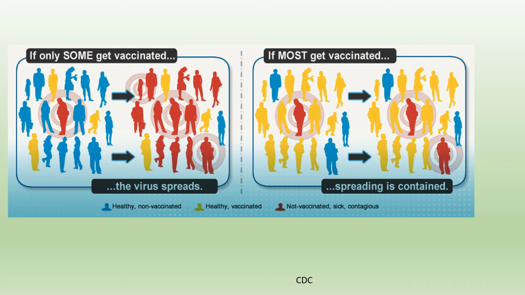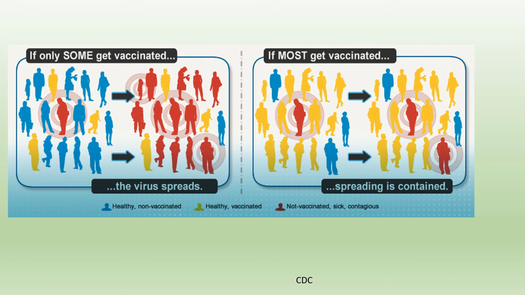They don't tend to build a strong immune response. So there's this idea called herd immunity, where a significant percentage of a population is vaccinated, and this protects those people who were unable to get vaccinated or didn't respond well to the vaccine.